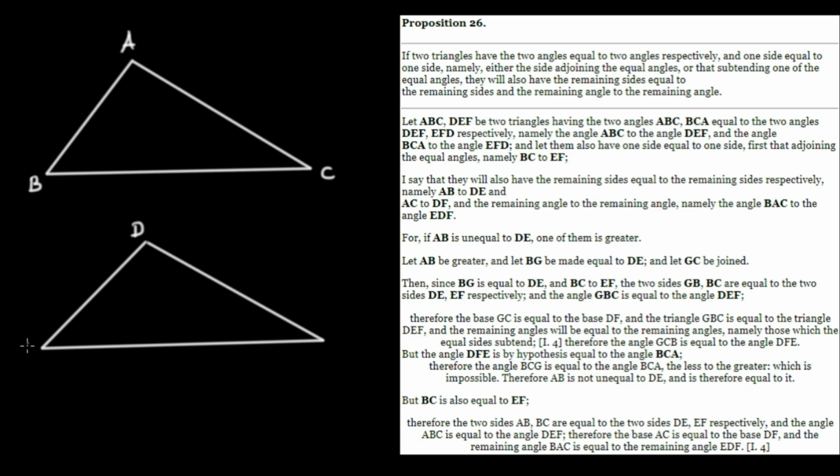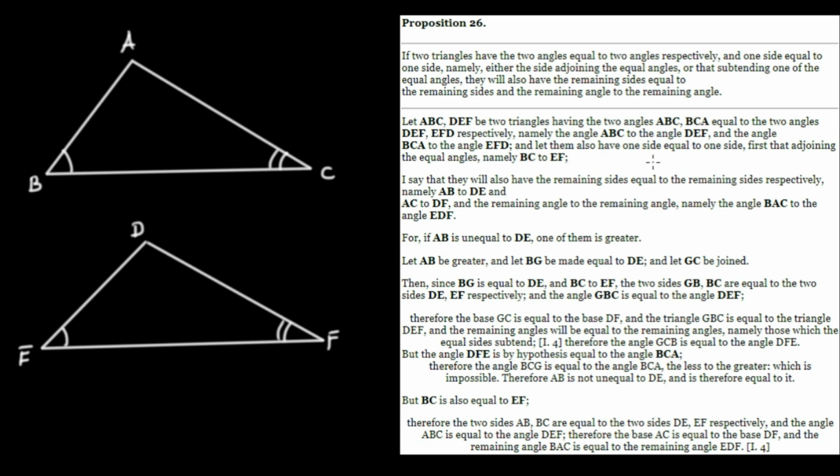And also DEF. And we're also given that the two angles ABC and BCA are equal to the two angles DEF and EFD. So ABC is going to be equal to DEF, and ACB or BCA is going to be equal to EFD, which is this one.